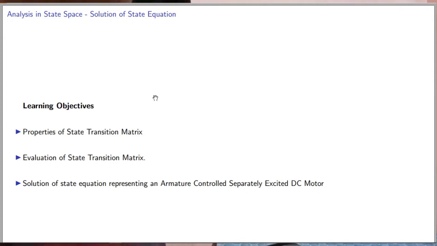Once we do this, we will take up a problem, an armature controlled separately excited DC motor. We will have its model state equation, and then we'll see how we can solve that state equation to get its solution. So that is the content for this lecture.